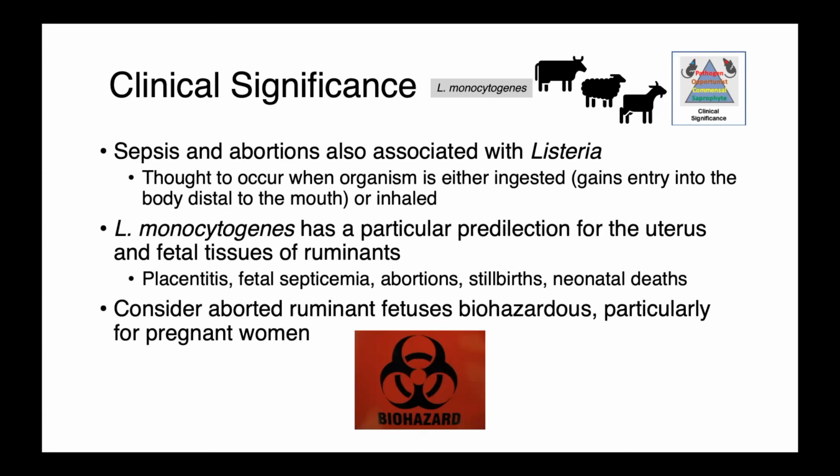Listeria has a particular predilection for the uterus and fetal tissues of ruminants, and so this tropism, not surprisingly, leads to placentitis, fetal septicemia, abortions, stillbirths, and neonatal deaths. Aborted ruminant fetuses should therefore be considered biohazardous, particularly for pregnant women who can also become infected with Listeria monocytogenes.